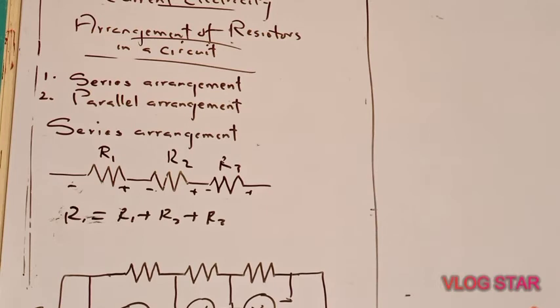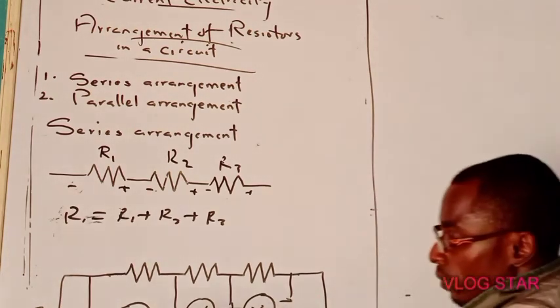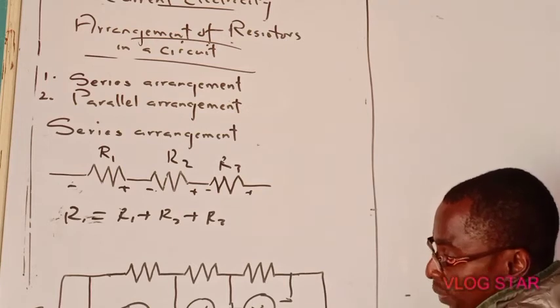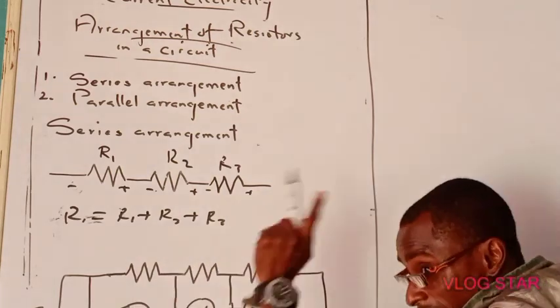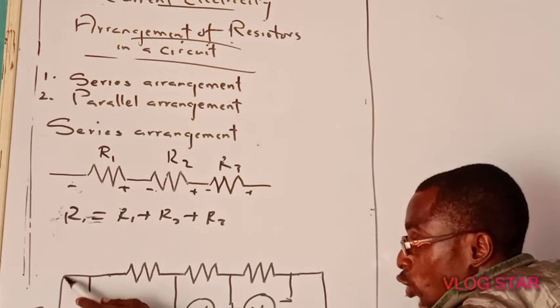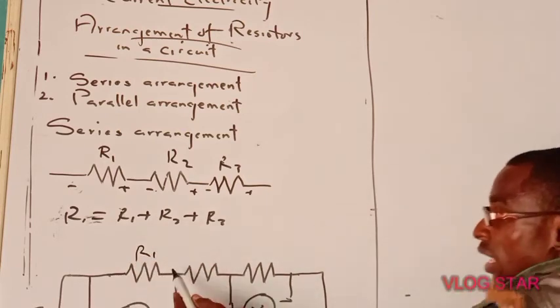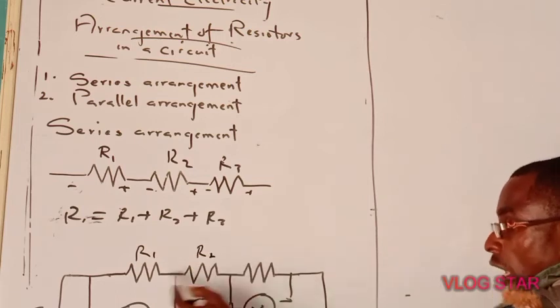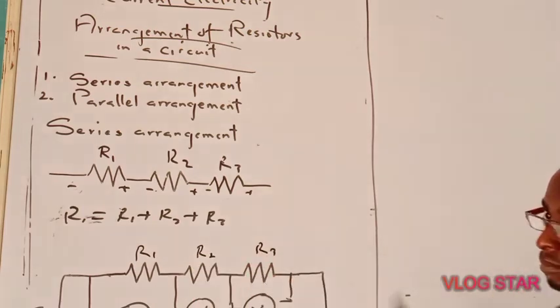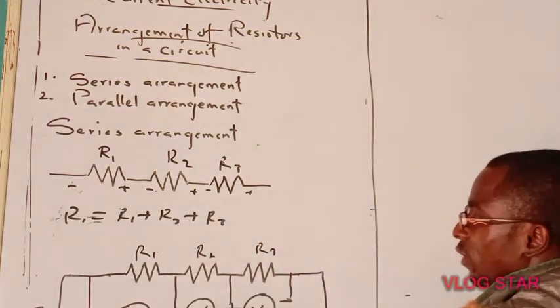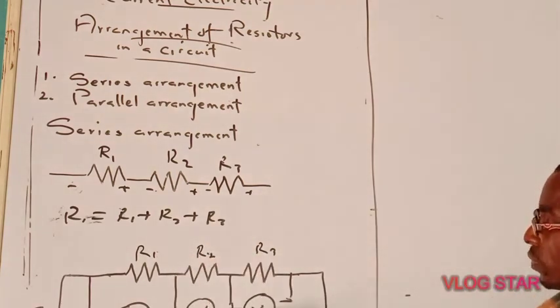Now, what I want to say? Look at the current I. It goes through this conductor wire. This current I, the same I, one single I, moves straight to R1. It enters R1. The same current enters R2. The same current enters R3. But the voltage for R1 is different from the voltage for R2.